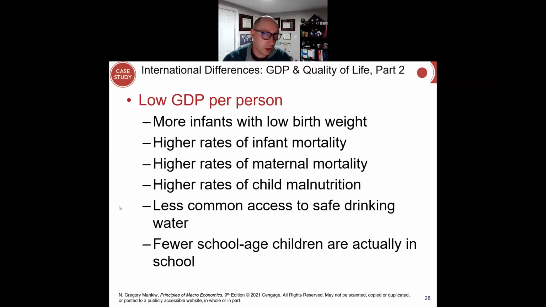Also, with lower gross domestic product rates in other countries, we see evidence of higher infant mortality rates. Other mortality rates are higher. Malnutrition is higher. Limited access to safe drinking water. Few school-age children actually in school. Low literacy rates, etc.